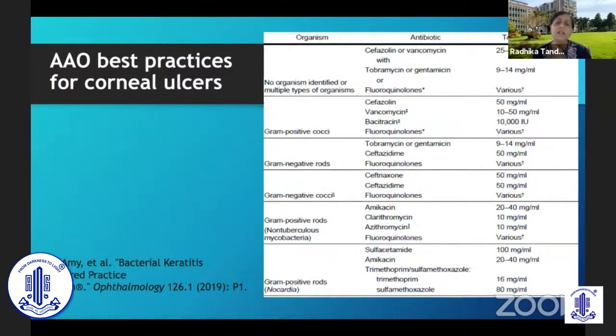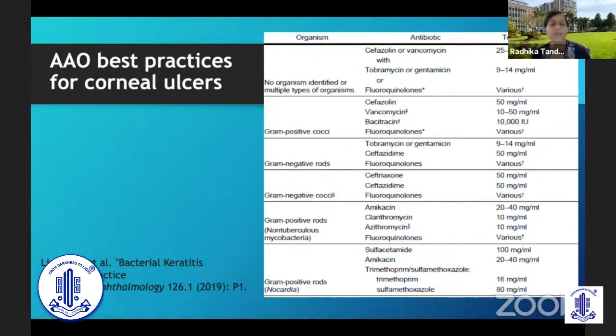And here again, despite your best clinical judgment, I would suggest that you should rely on a smear to give you a more definitive direction. And then correspondingly, you would choose the antibiotic, because as is very clear, the antibiotics are not uniformly effective against all organisms, even though they have broad spectrum coverage.